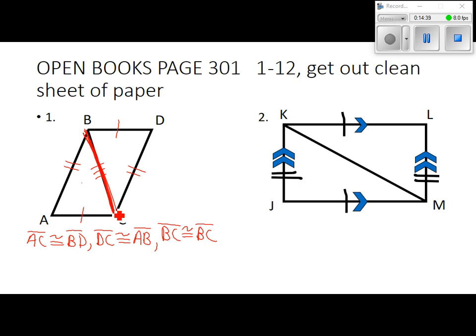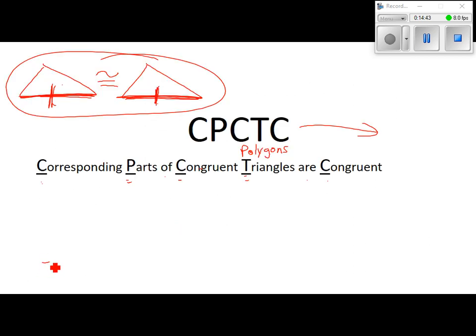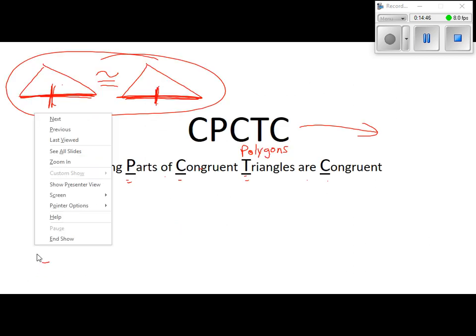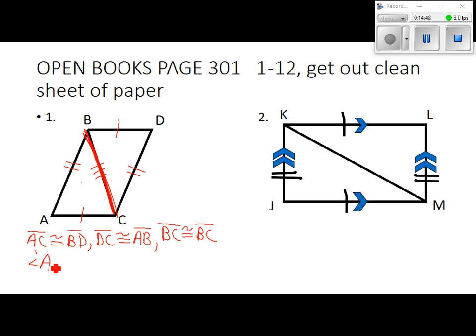Then they also tell us that angle A is congruent to angle D. They have the little marks in here, so angle A is congruent to angle D. So right now we have all three pairs of segments that are congruent, one pair of angles.